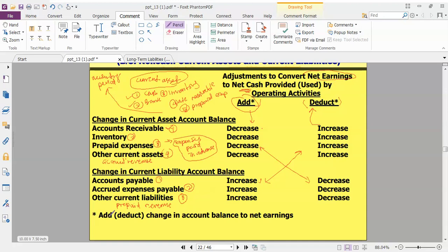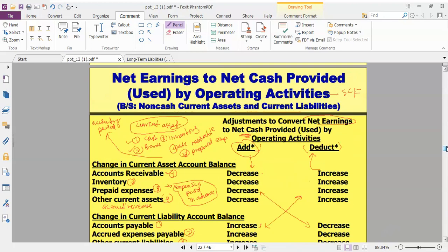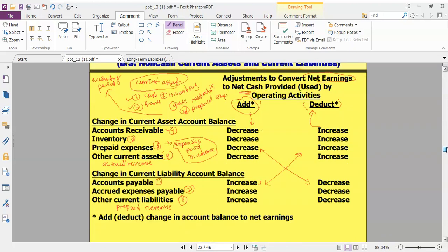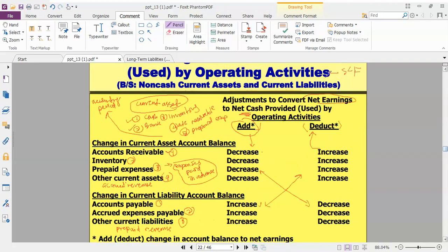Okay, look here, add or deduct the change in account balance to net interest. This is the indirect method. Non-cash current assets and current liabilities: you must remember there are non-cash items under current assets and also current liabilities.